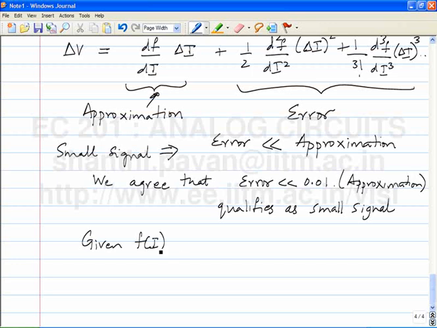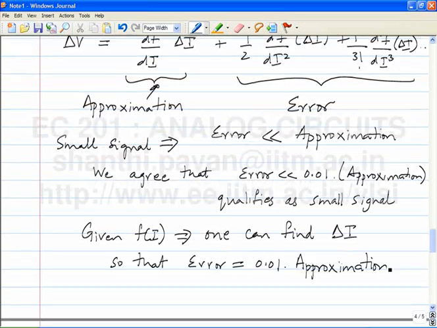Given the functional nature of f, you can always find its derivatives, and once you find its derivatives, it's just a matter of plugging these formulas into the equation, error equal to 0.01 times approximation, and finding the maximum delta I allowable, which will keep the error within 1% of the approximation.